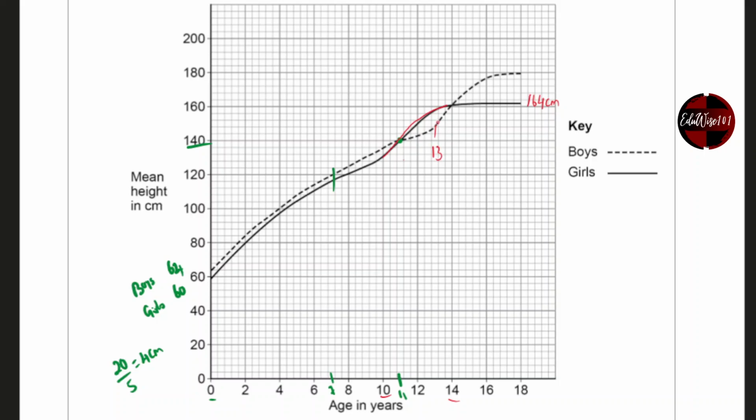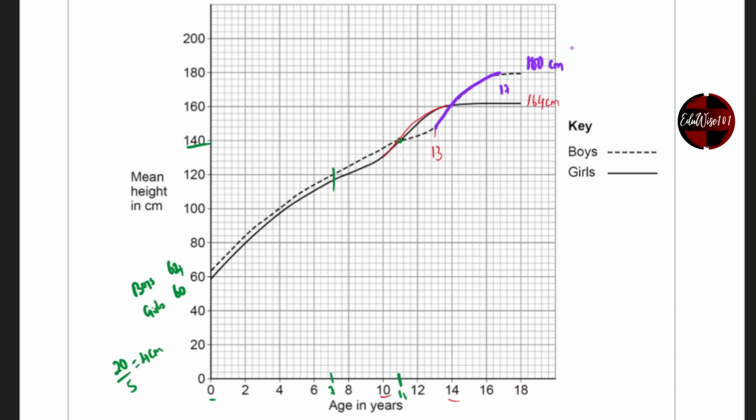Now at 13 years old, their growth is quite fast. So you can see the growth is actually increasing really fast, and they're actually growing up to about 17 years old. 17 to 18 years old, boys are actually growing, and the maximum they reach is about 180 centimeters.